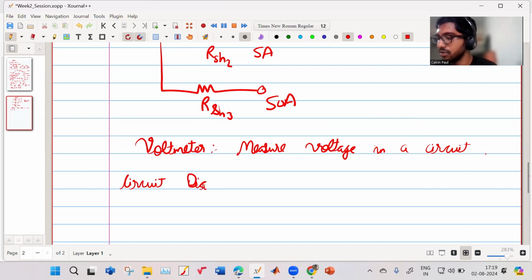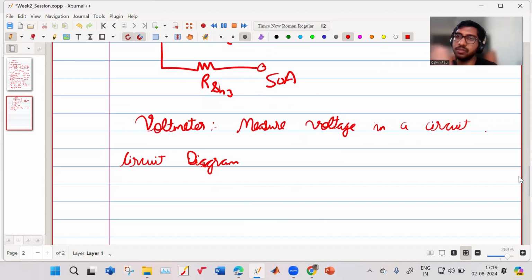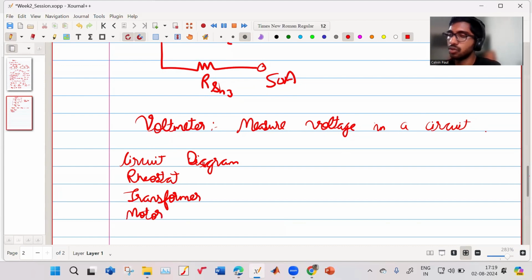At least this is what we used to do. We will be given a circuit diagram, and they will tell us to connect this circuit. There may be some rheostat, a transformer, or a motor. So we have an electrical circuit, and in it we also have to connect ammeters and voltmeters to measure certain quantities.